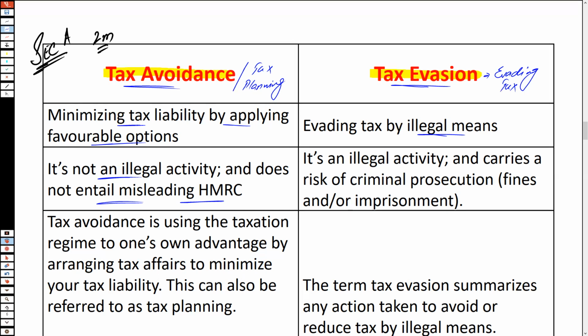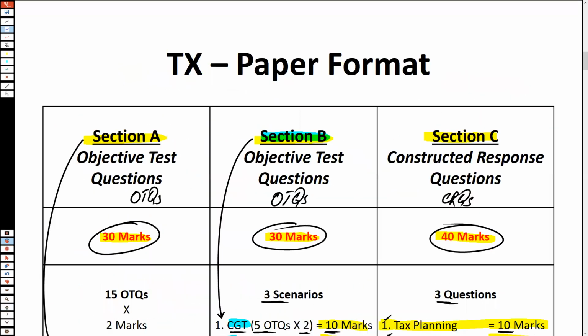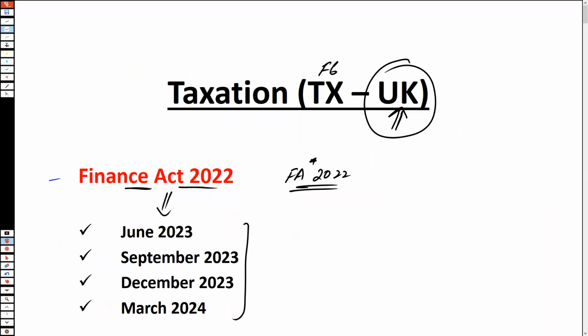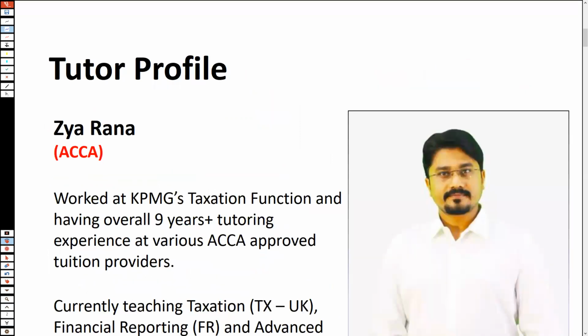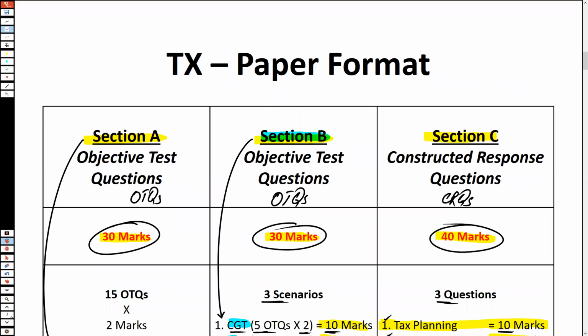So what we have discussed till now: first of all, we talked about the Finance Act, and I have told you that while using any study text or practice exam kit, FA 2022 should be mentioned there. This Finance Act is relevant for those students who are taking the TX paper in any of these 4 exam sessions. Thereafter, we talked about the taxation paper format.